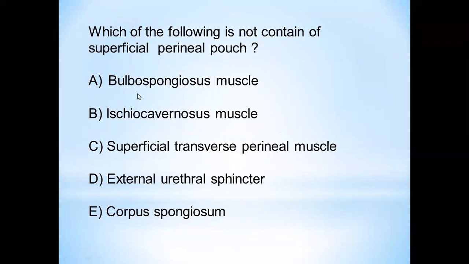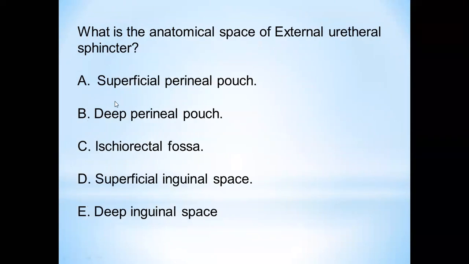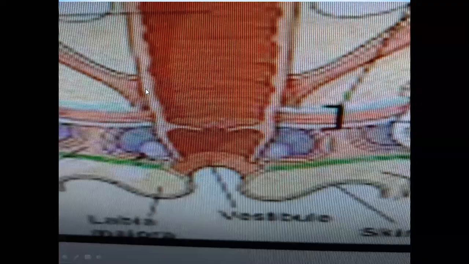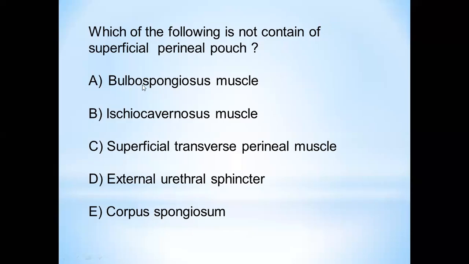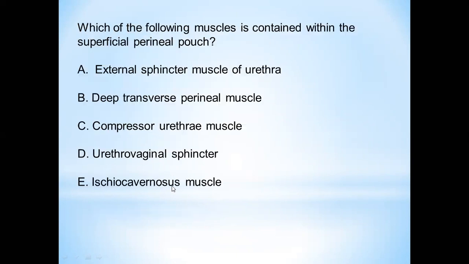Look, these all are the muscles of the male genital organ: bulbospongiosus, ischiocavernosus and corpus spongiosum. They all form part of the male genital organ. But only this external urethral sphincter is not a part of this.